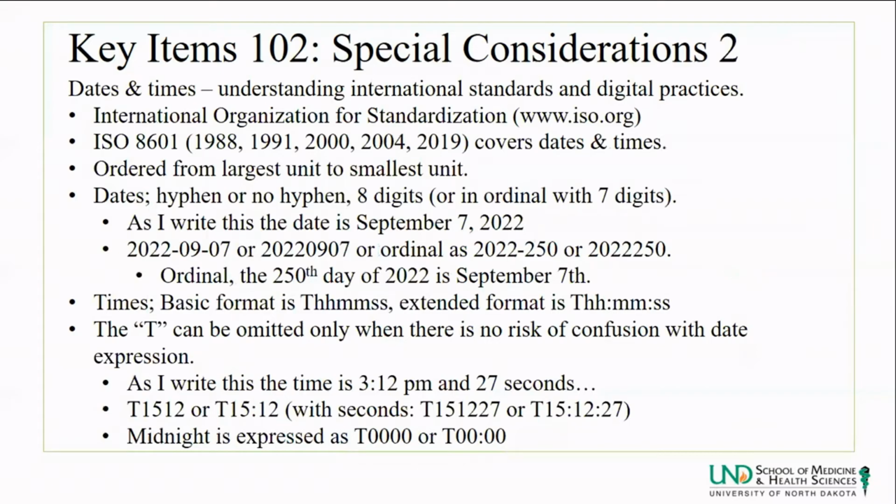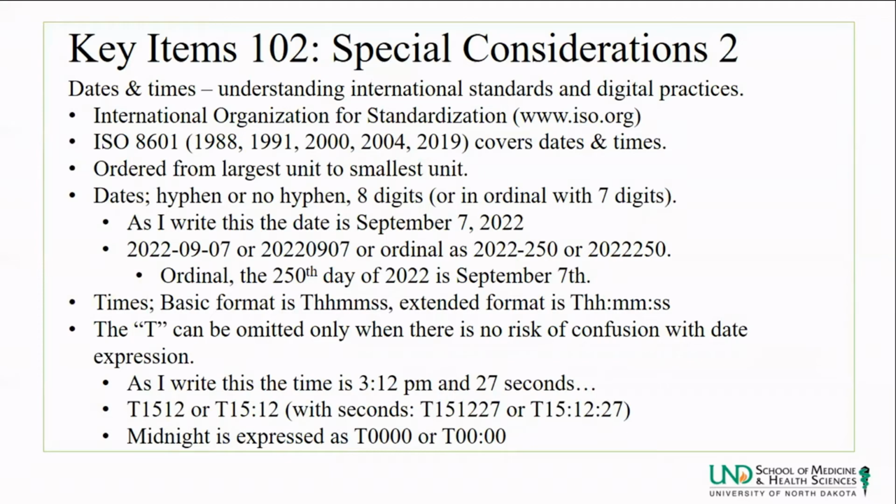So the next thing we're going to talk about is dates and times. Now, it's important to understand that there are actually international standards for date and time expression electronically or digitally. There's an organization, as you can see there, the International Organization for Standardization, ISO, and in particular, ISO 8601 deals with dates and times.